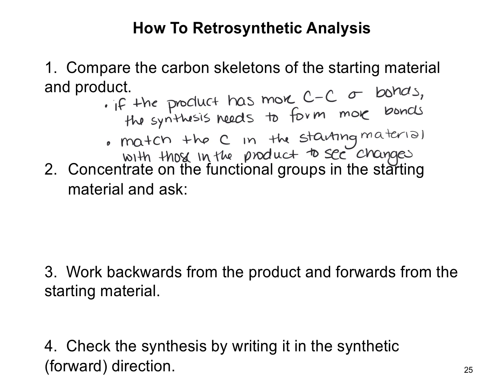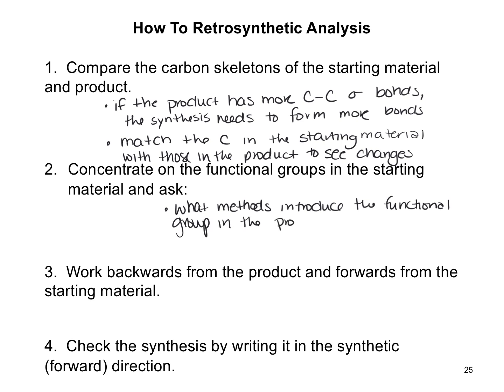Then you need to concentrate on functional groups in the starting material and ask yourself what methods you know introduce the functional group in the product. If you have kept a running list of the different types of reactions that we've learned so far, this is where that is really helpful.